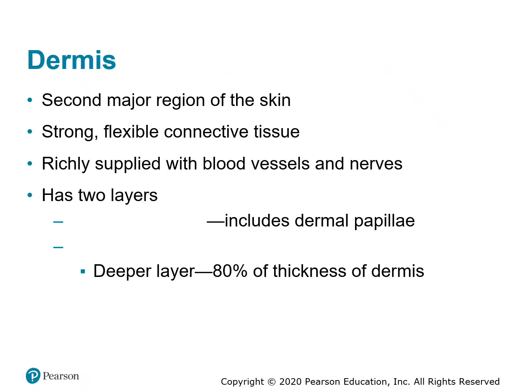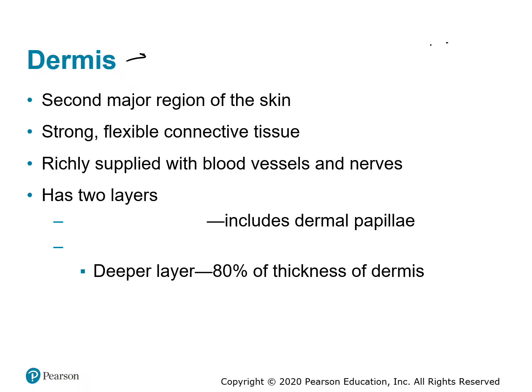And that's pretty much it for the epidermis. The epidermis has those 5 layers. I'm actually going to pause right here about the dermis. The dermis is the second major region of the skin. It is quite strong and quite flexible, and it is made up mostly of connective tissue.